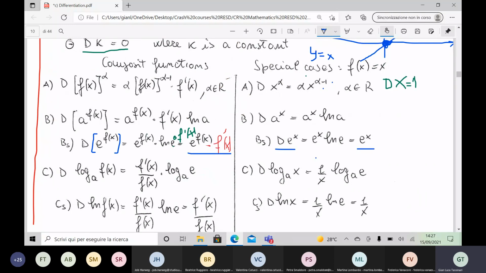Either this one, which can always be applied, but sometimes it's convenient to apply directly this one, because this one is general. This one includes this one, because we derived this directly by applying that one to the specific case in which f of x was equal to x. But now, okay, I stop talking and now we do the exercises.